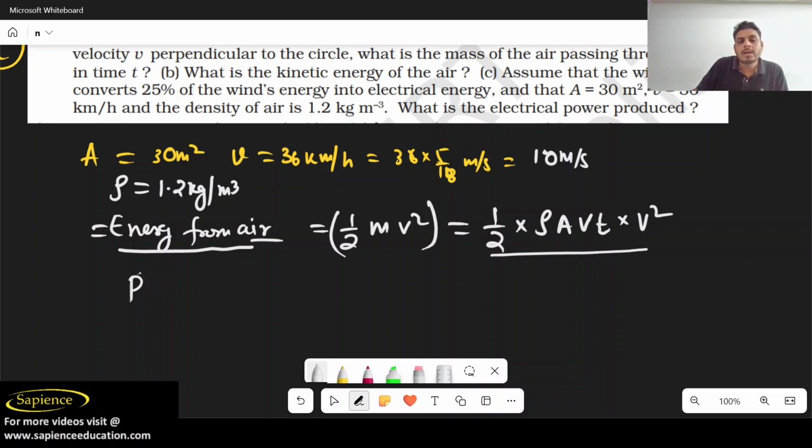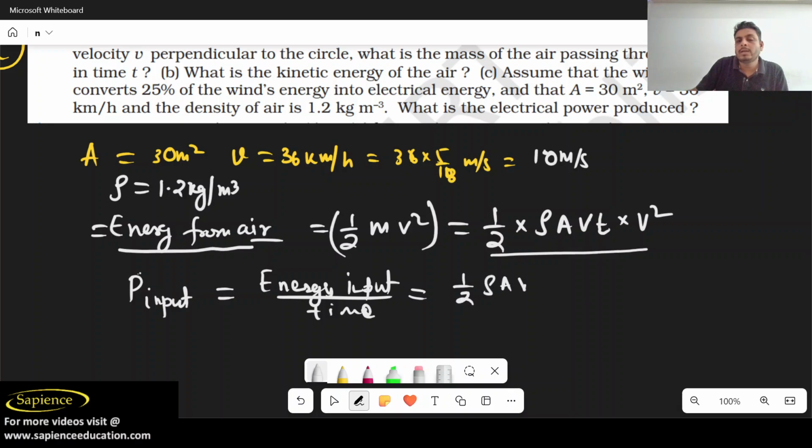So if we want power input, can we write here power input is equal to energy input divided by time taken. So 1 by 2 into rho into A into velocity v into time t into velocity v square, divided by time t.